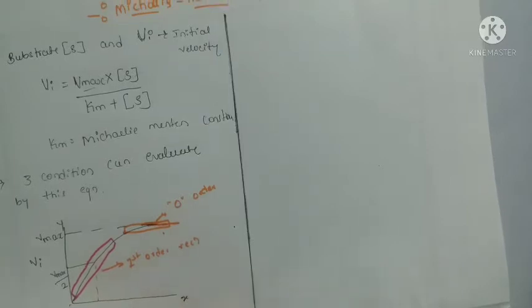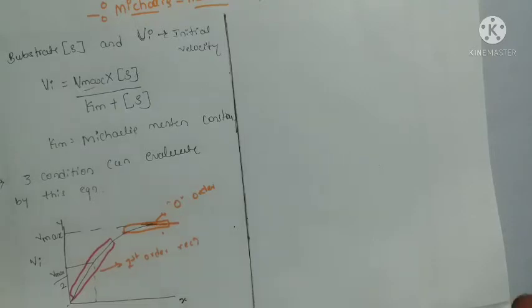The first order of the reaction is dependent on the substrate. This is the graph of this Michaelis-Menten equation.